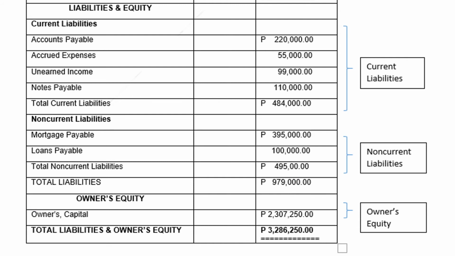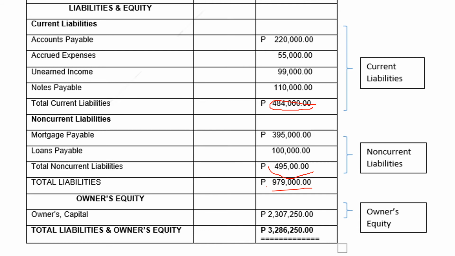So this one, the total current liabilities, here the 484,000 plus here the total non-current liabilities, is equal to 979,000, this one here.